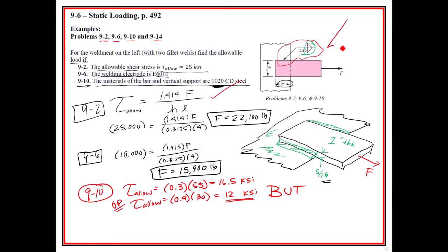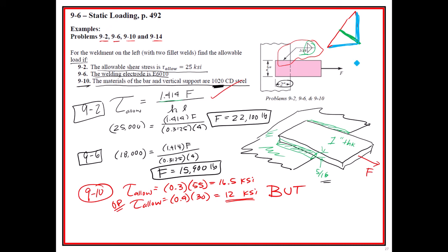If I look at one single triangle right here, that stress, because of that 1.414, is a smaller area, so it has a larger stress. But the welded material will fail in shear along right here, or right here.